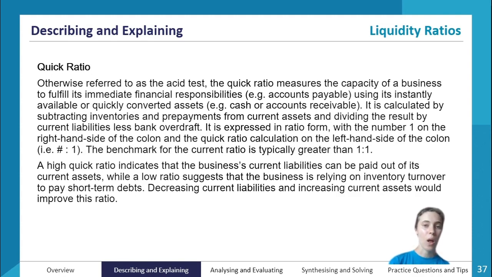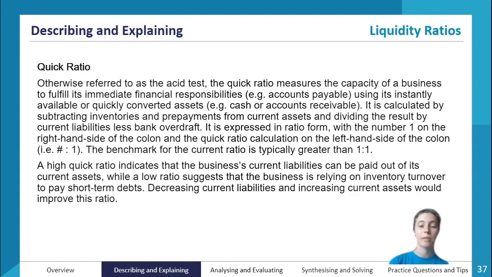Keep in mind as well with the formula sheets that you get, sometimes little nuances like that are not included. So that is something that you may need to just know, because it's rare that there's a bank overdraft. That could be something that you just need to memorize yourself.